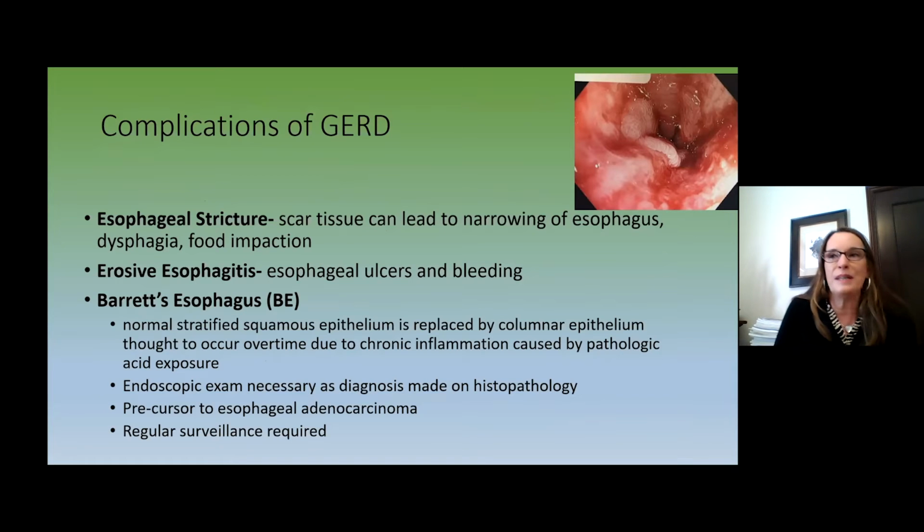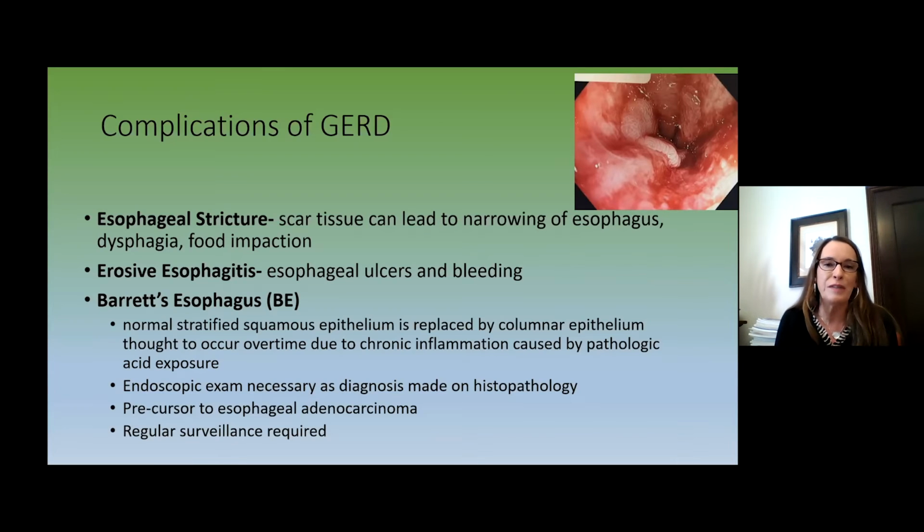So it's imperative to recognize and aggressively treat GERD to reduce the risk of patients developing complications. Long-standing pathological acid exposure over time causes chronic inflammation in the esophagus and leads to complications. So esophageal strictures involve scar tissue that can lead to narrowing of the esophagus, dysphagia, food impaction.